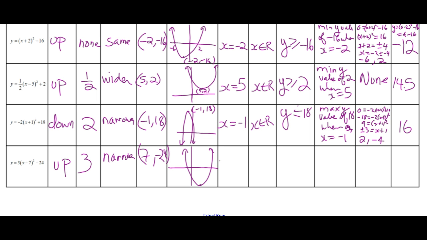X equals? Okay. Good. Y equals? Oh, sorry. Greater than or equal to? Okay, so 7, -24.